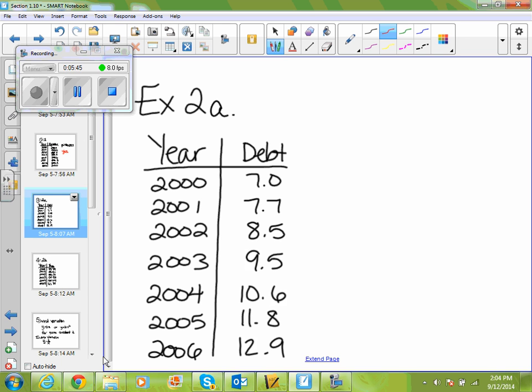Okay, so once it's in our list, then we need to figure out whether or not we can find a line of best fit. So you'll exit out of your list and then you'll hit your stat button again. Oh, just hit delete.